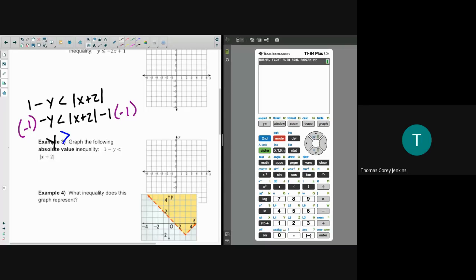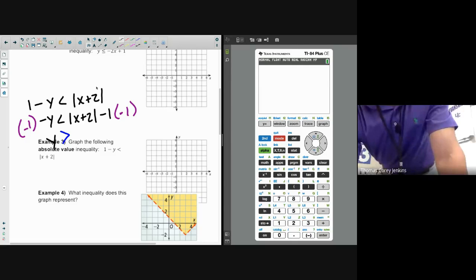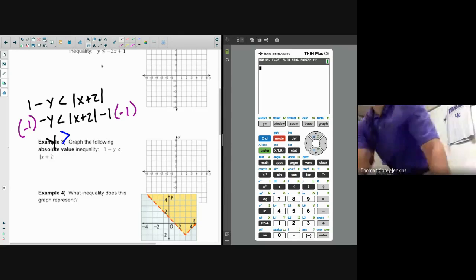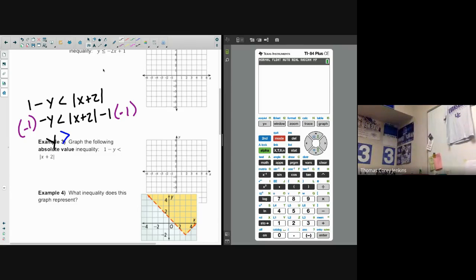I think you just put a negative outside the absolute value bars. Okay, so yeah, you do put a negative outside the absolute value bar. So that acts as a reflection. That's what I thought. I just wanted to make sure.